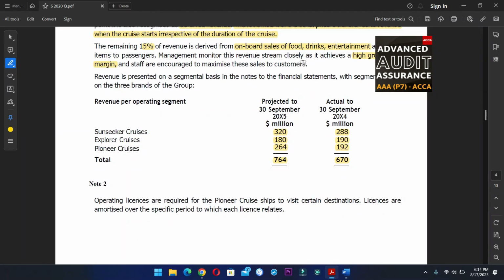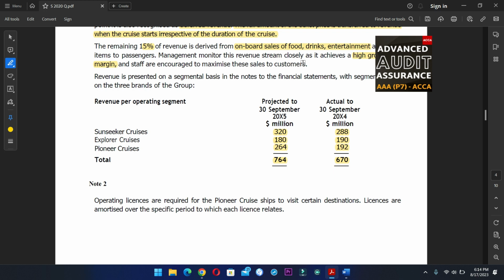Do you remember that we were talking about this segmented revenue? We discussed that this 15% onboard sales should be reported as a separate segment, because according to the standard, 10% or more of revenue derived from a source of revenue or a part of the business should be reported separately and as a segment.